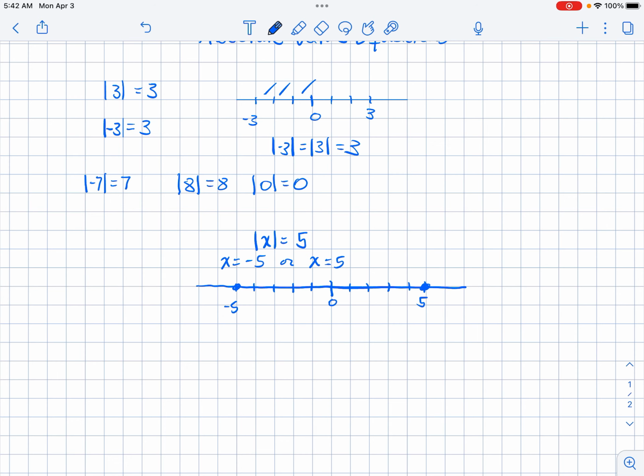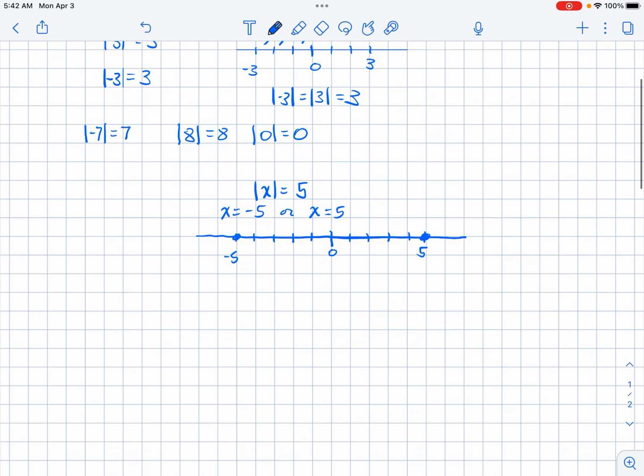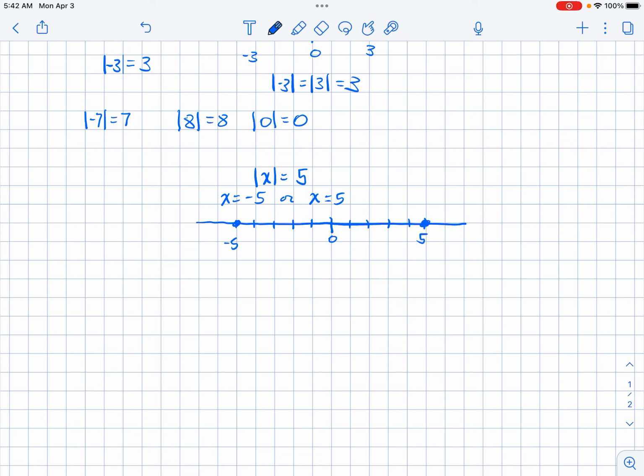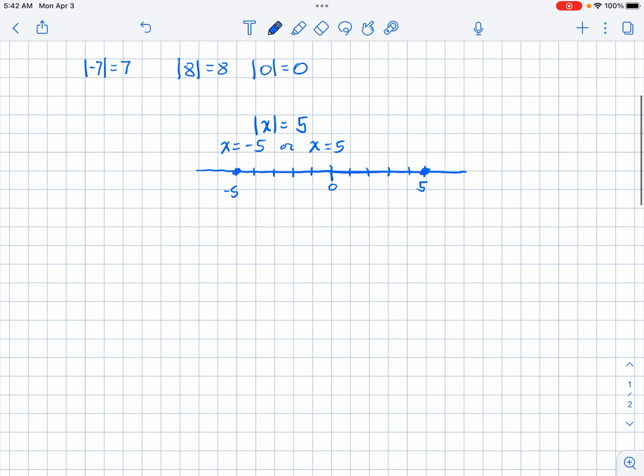Now, that's the way we're going to approach these absolute value equations. We're going to realize that whatever's in the absolute value could be the negative or the positive of what it is equal to. So let's just modify this a little bit, and let's suppose that the absolute value of x plus 1 equals 5.